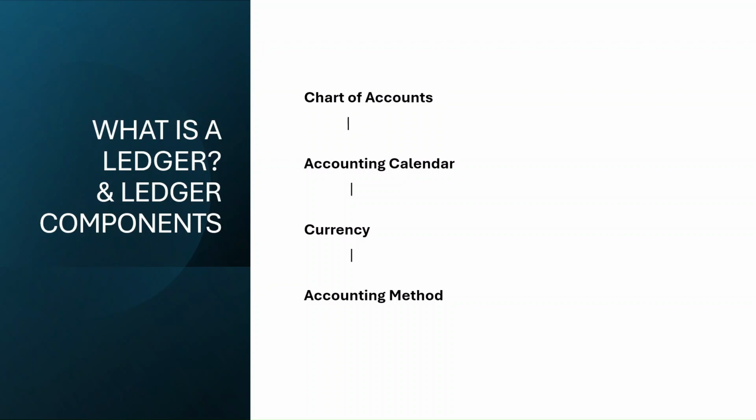Before we create our ledger, there is one important prerequisite that we need to complete. We need to make sure that our retained earnings account is available in our chart of accounts. The retained earnings account is used by the general ledger to carry forward the net balances of income and expense accounts from the previous year to the new year.